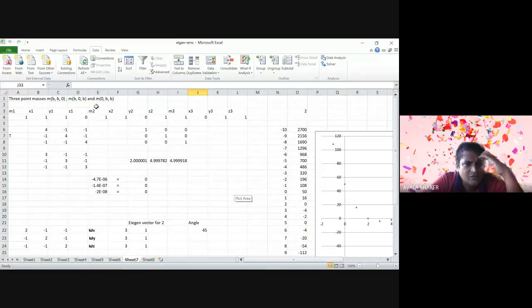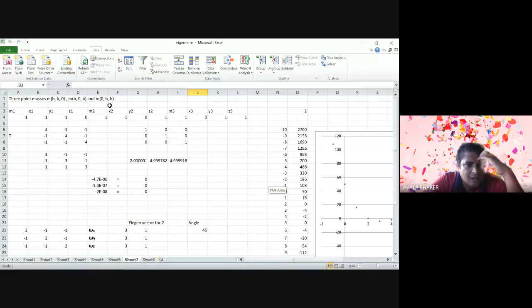Okay, so there's one more problem here. Imagine a cube, let's say. So the coordinates of that are 1, 1, 0. And this is 1, 0, 1.